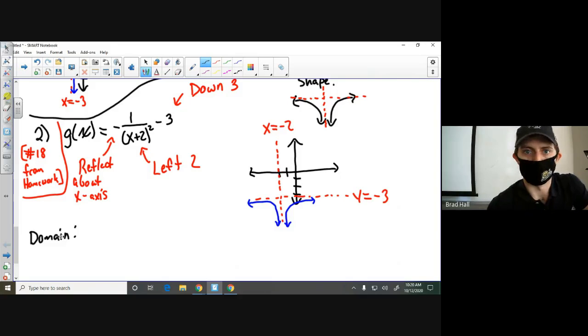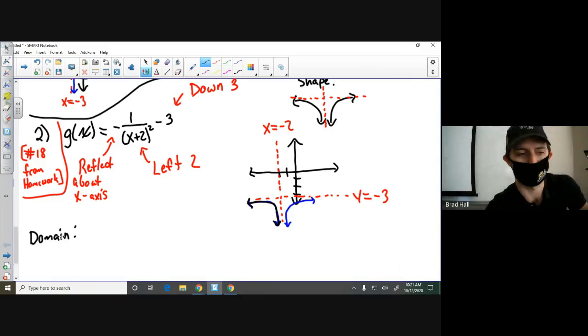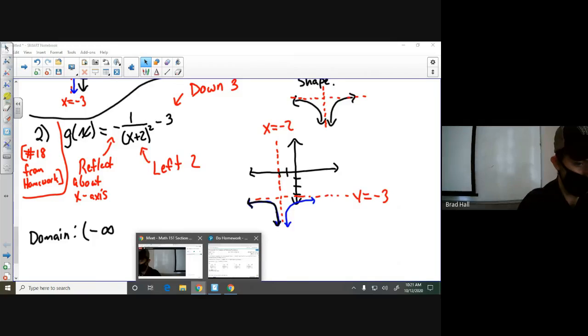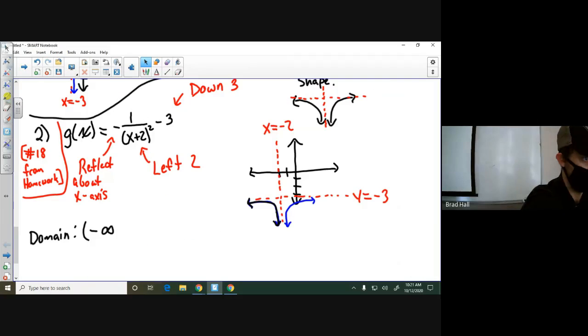So remember, the domain is left to right. To the left, we start off coming from -infinity, but then we hit this issue. We hit this barrier here. So we start off coming from -infinity on the left. And they do want this in interval notation, so I'm going to go ahead and prepare for that.